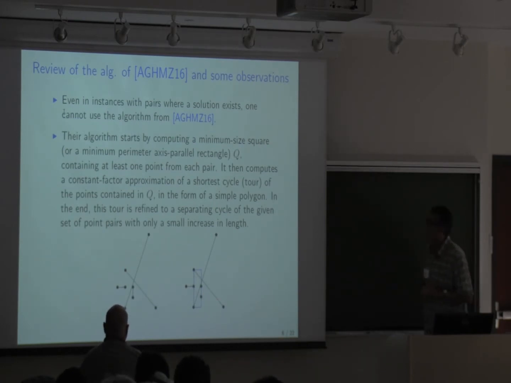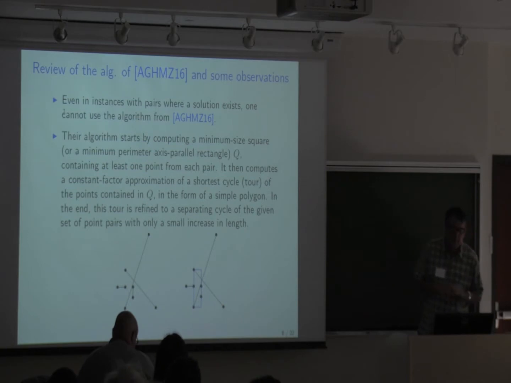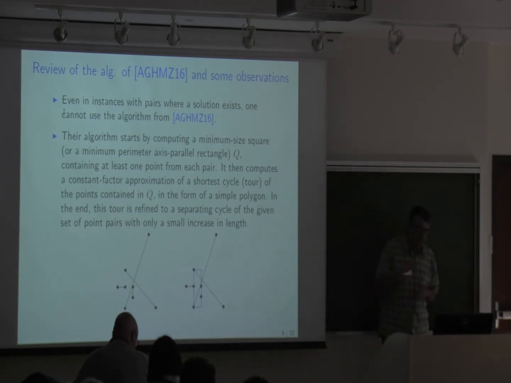Their algorithm starts by computing a minimum size square, or one could do a minimum perimeter axis-parallel rectangle, some container Q containing at least 1 point from each pair. And then it computes a constant factor approximation of the shortest cycle of the points contained in Q in the form of a simple polygon.